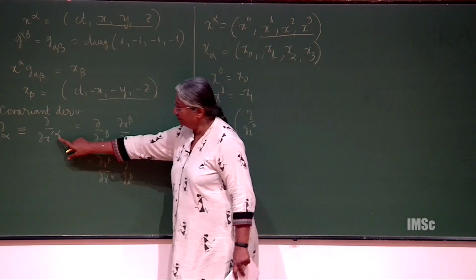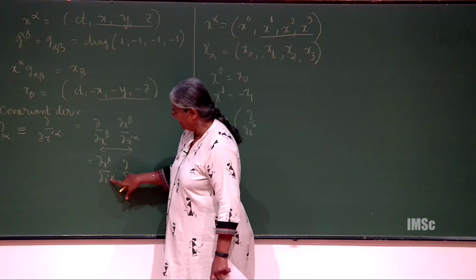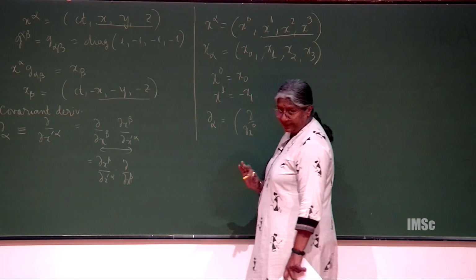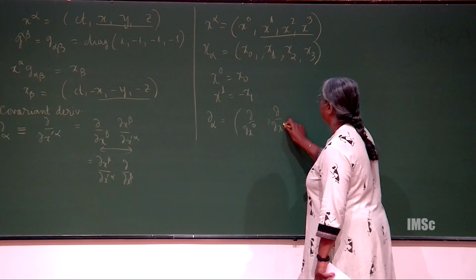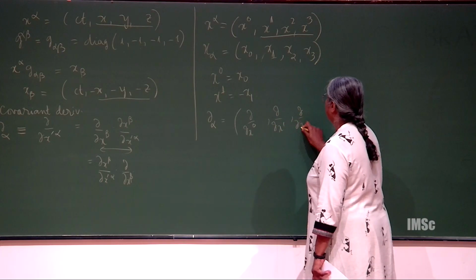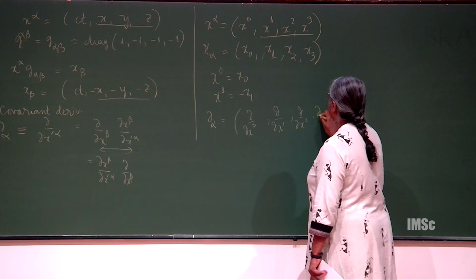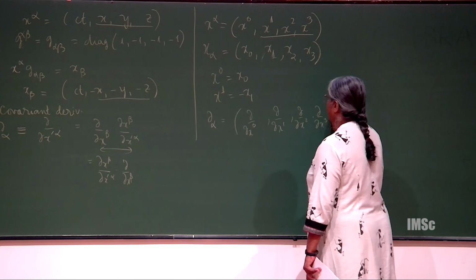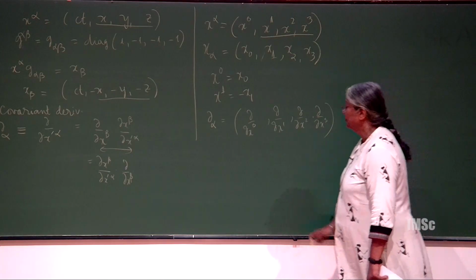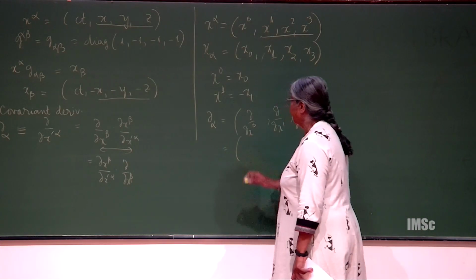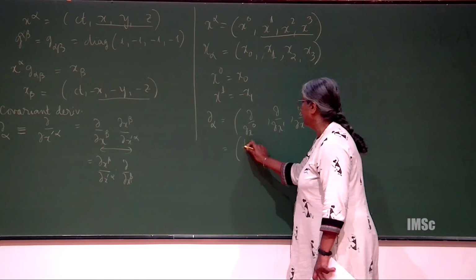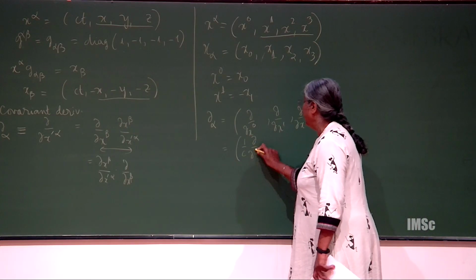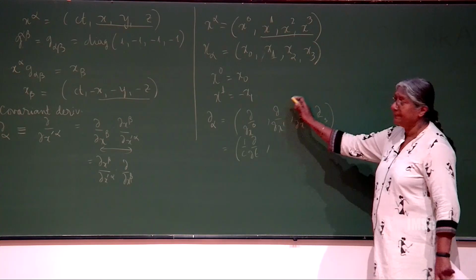See, it was related to d by dx upper, always the x's are upper x's, right? d by dx1, d by dx2, so this is what I missed out yesterday, it's very important. So you can see that I can call this x0 is ct, so this is 1 by c d by dt.